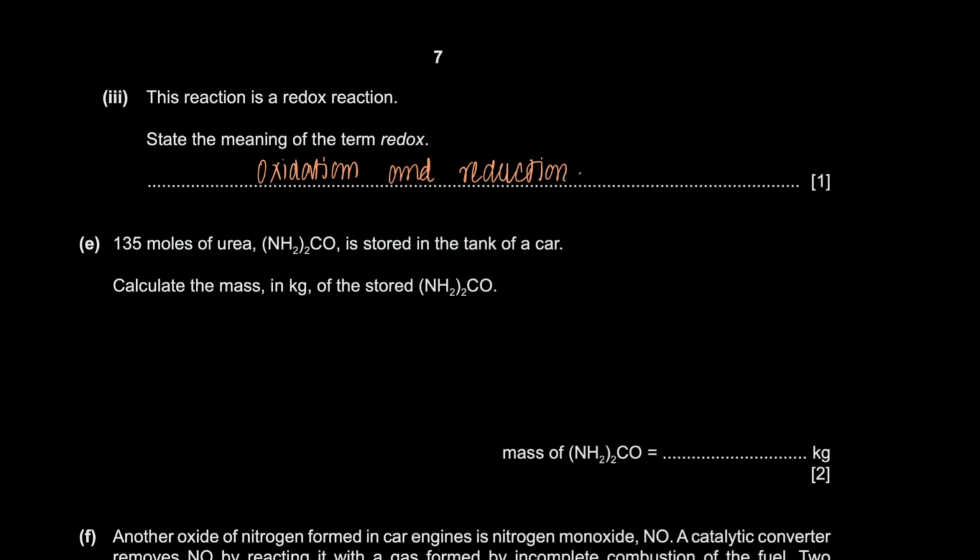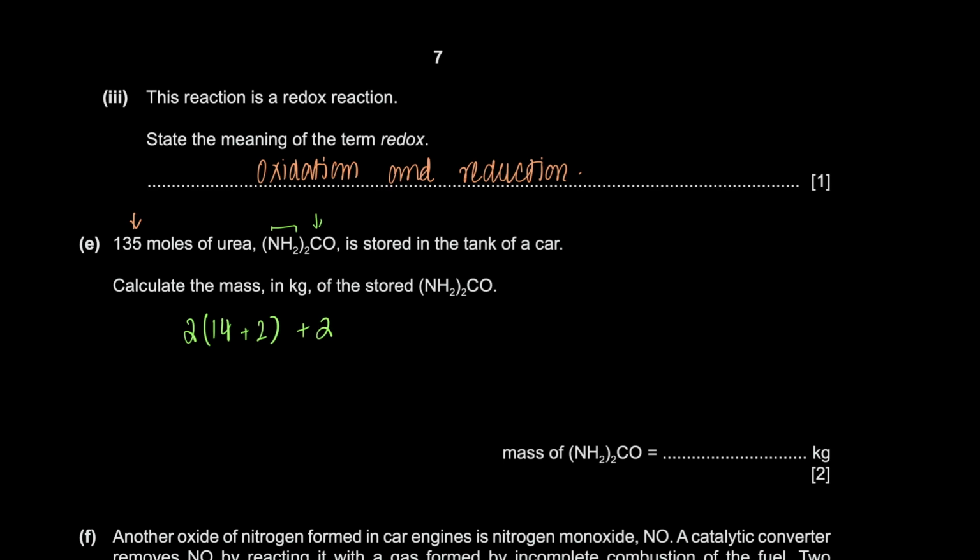Okay. 135 moles of urea is stored in the tank of the car. Calculate the mass in kilograms of the stored urea. So what is the Mr for this? I know nitrogen is 14 and there are 2 hydrogens, so plus 2. So this part is kind of dealt with. There are 2 of these, and there's a carbon and an oxygen.